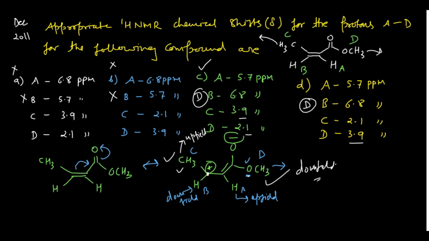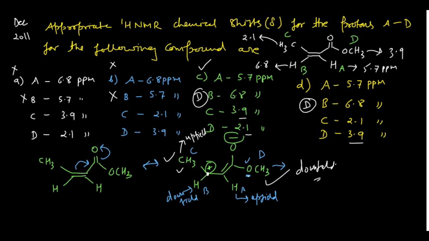So C should be 2.1, and D should be 3.9. And this A, this B, I have already decided it is the downfield. So your B must be downfield, that is at 6.8. And this A is upfield when compared to this one, that is 5.7 ppm.